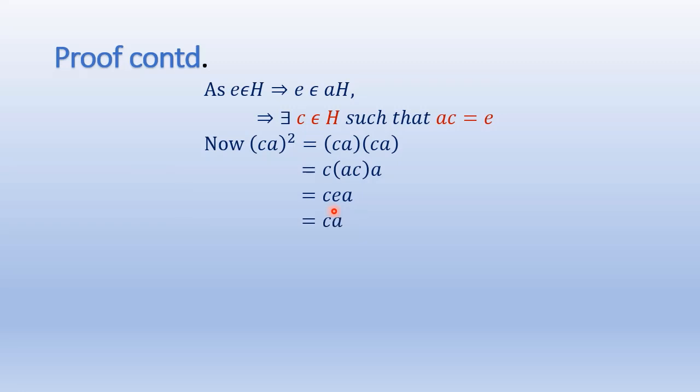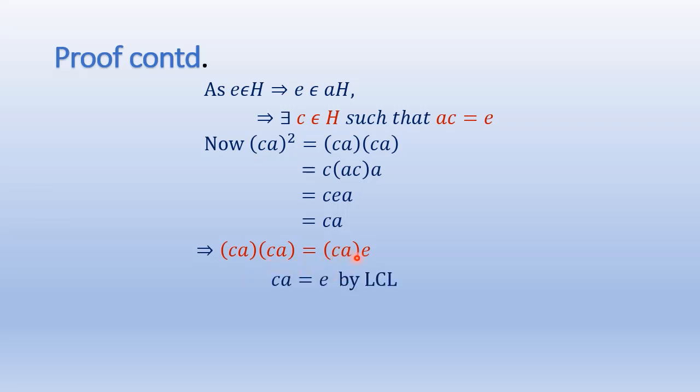So (ca) whole square is equal to ca, which means ca into ca is equal to ca into e. e is the identity, so you can write like this. Again, by left cancellation law, you can cancel ca. So the resulting equality will be ca equal to e.